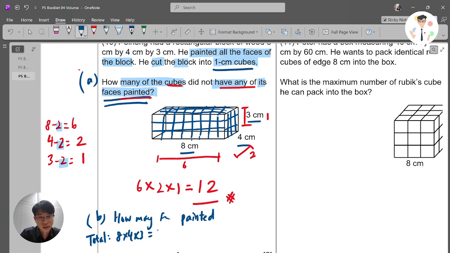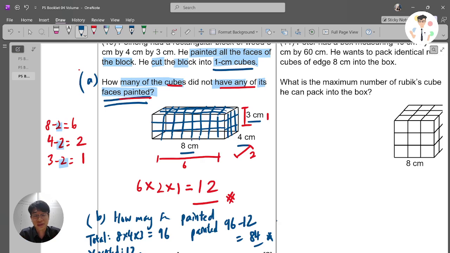I think it's 96. Yes, 96. Then how many not painted? I know it's actually not painted is 12. Then if I want to find the one that's painted, I just use 96 minus 12, and that will give me 84.